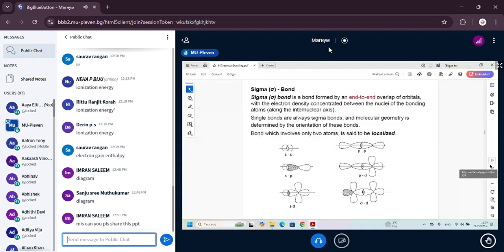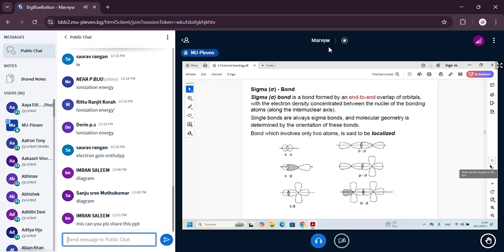We can say when the overlapping is along the line between the nuclei of bonding atoms. Sigma bonds are single bonds.